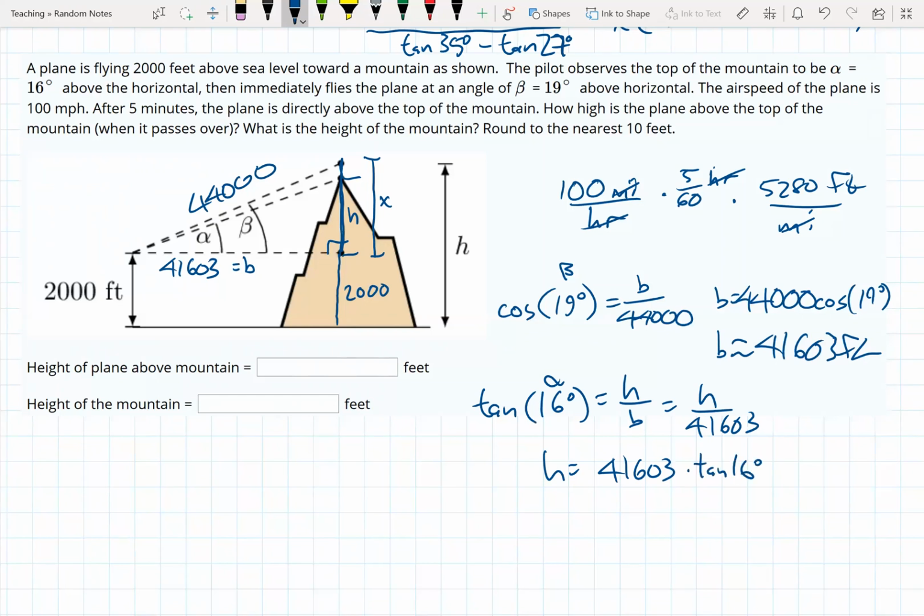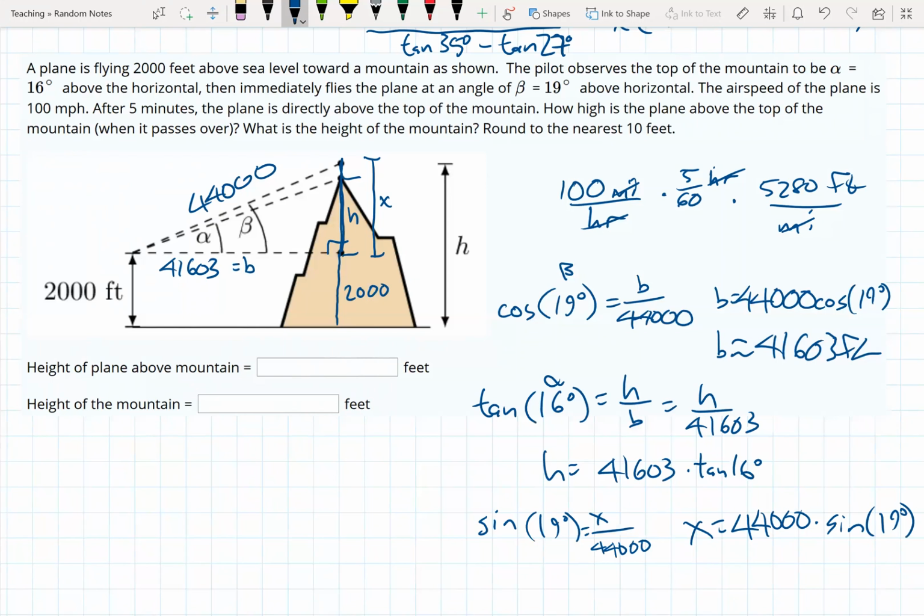For x, you'll get a slightly more accurate answer if you use the hypotenuse of 44,000 because that was exact. So that would be sine. You could use tangent also with the base of 41,603, but if I do sine of 19 degrees and say that's equal to x over 44,000, then x equals 44,000 times the sine of 19 degrees.